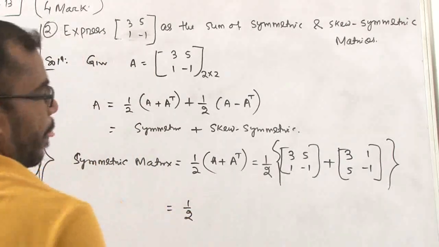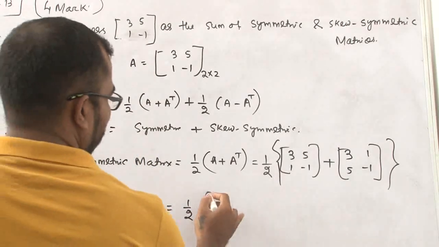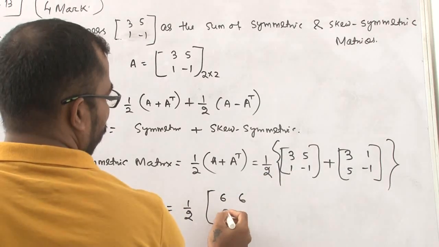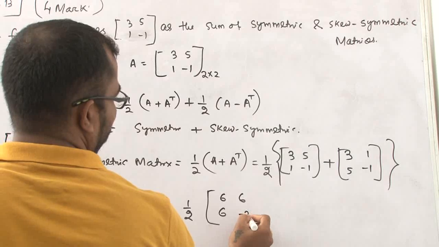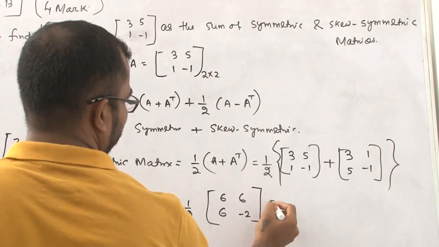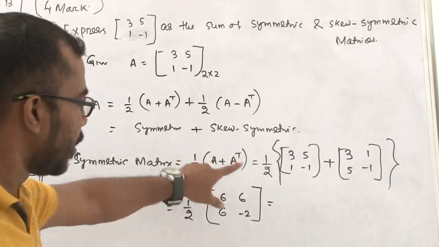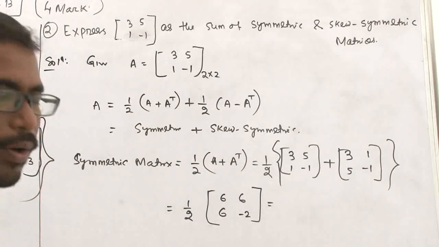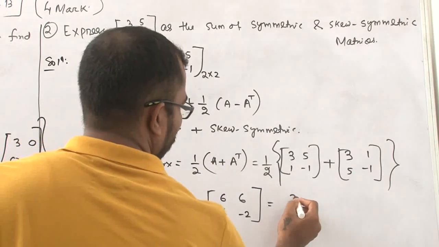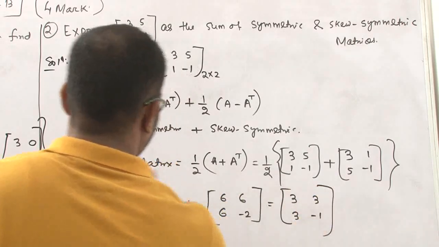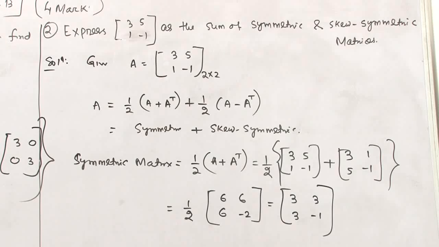Then we add them. If we add, then we get [6, 6; 6, minus 2]. Half is a scalar multiple, so if we multiply all the elements, then we get [3, 3; 3, minus 1]. So the value of the symmetric matrix is this.